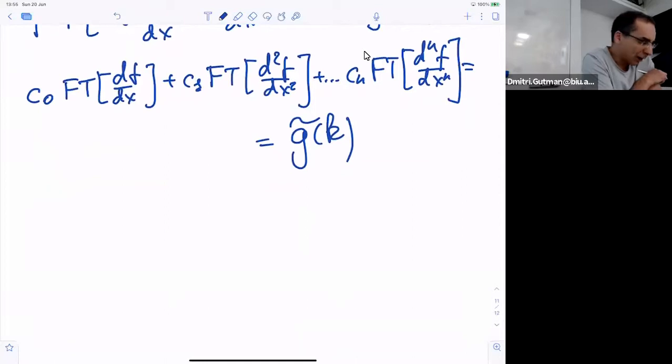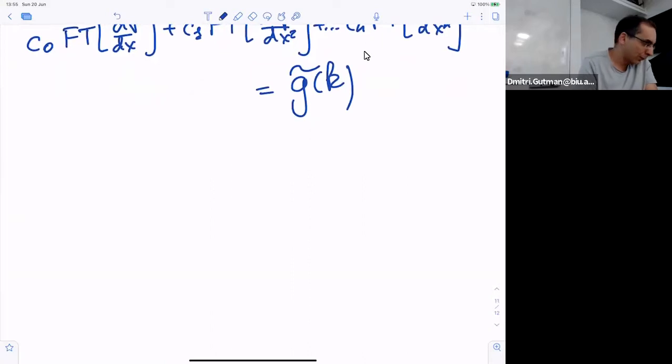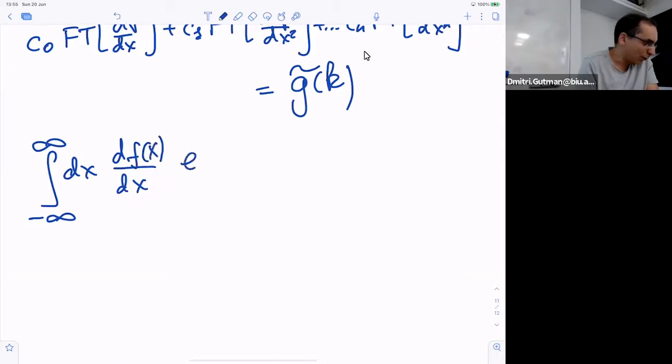Okay, but now there is a property of Fourier transform that it acts in a very simple way on the derivative. So what does it do? Let's compute a Fourier transform of a derivative. So it's d over dx of f of x, and I'm now Fourier transforming this guy. So what is actually written here?